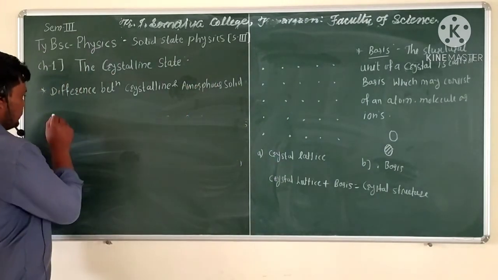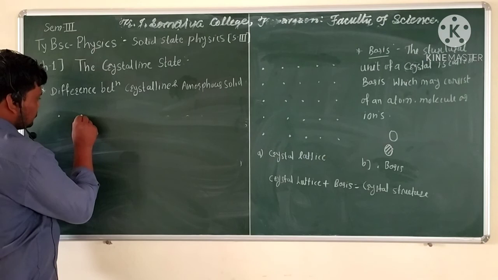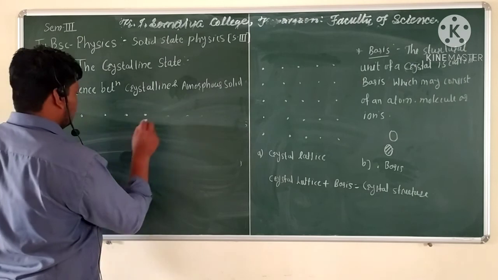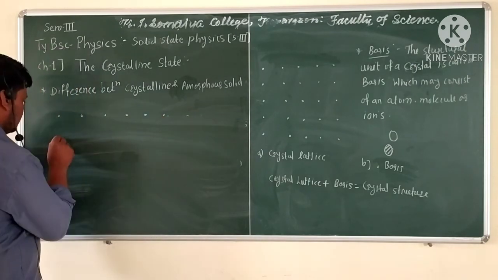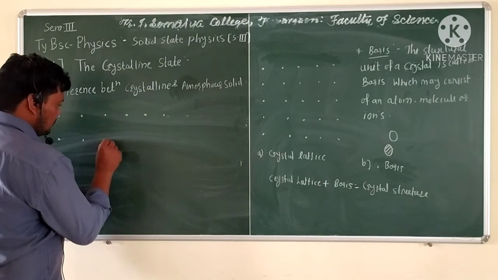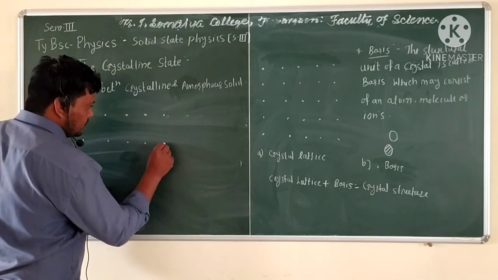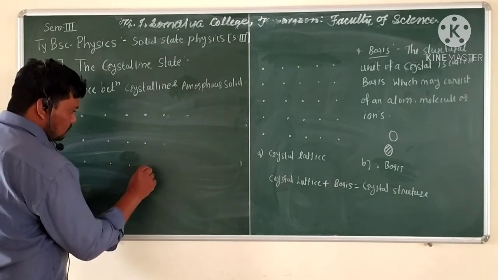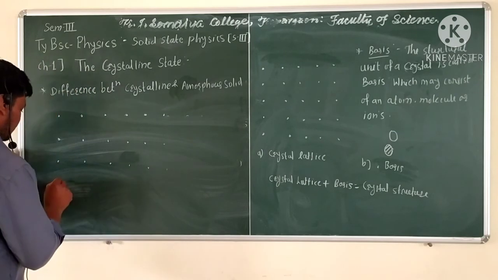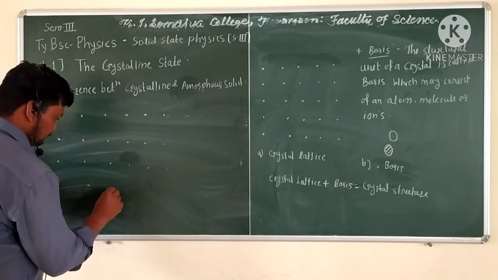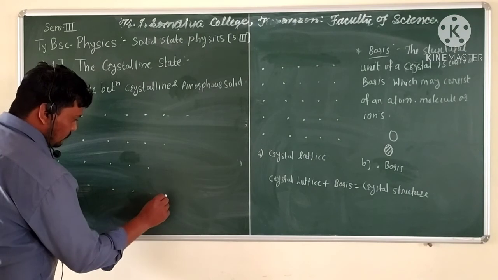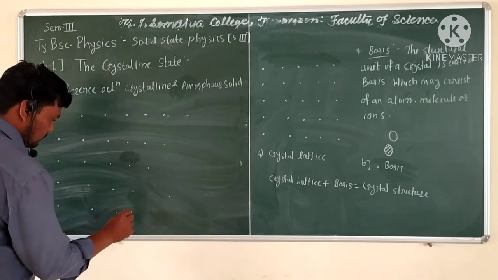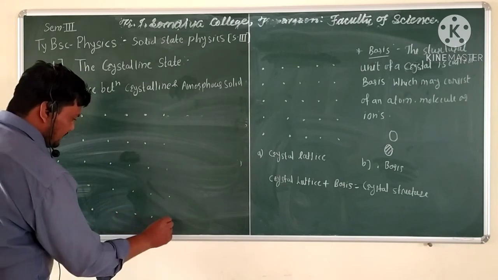For example, these are the crystal lattice points, the periodic or regular arrangement of constituent particles, which is considered as the lattice point. This type of regular arrangement is of imaginary points in space.